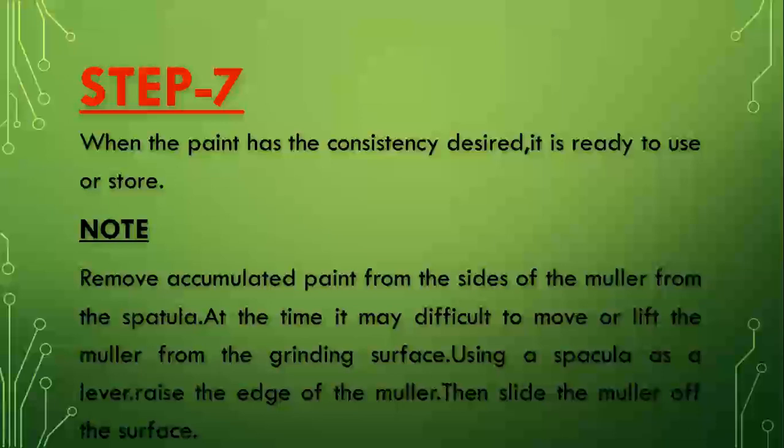If we repeat all the steps in one or two lines, I would say that first of all we take pigment on a non-flat plate, then we add some amount of oil to the pigment, then we mix them together, and with the help of the muller we mix them in a specific space so that they mix together properly.